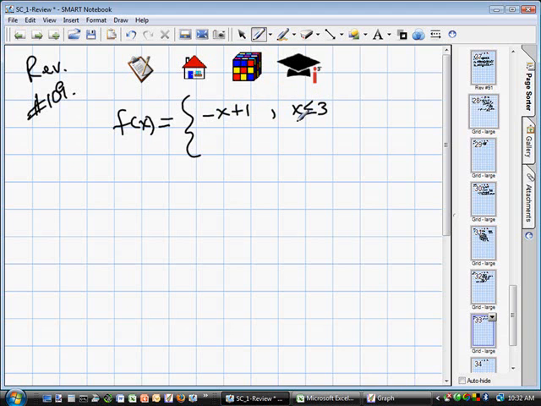And the other one is ax minus 8, and you're supposed to use that one when x is bigger than 3. And the question in the book is, find a so that this thing is really continuous.